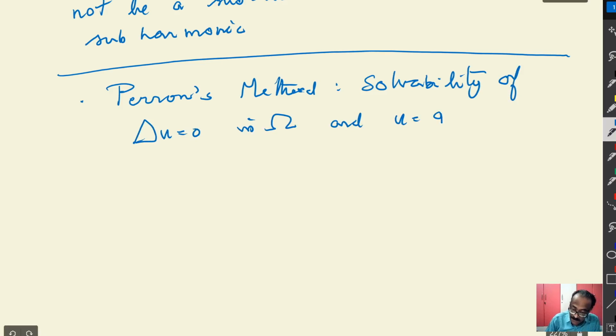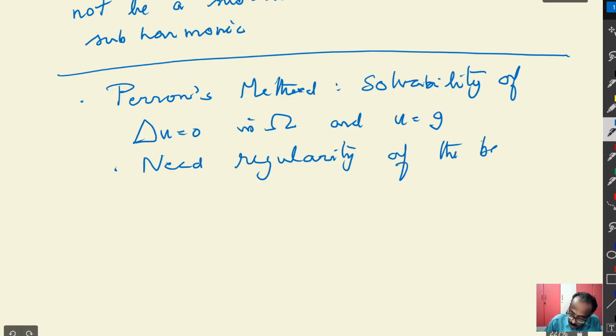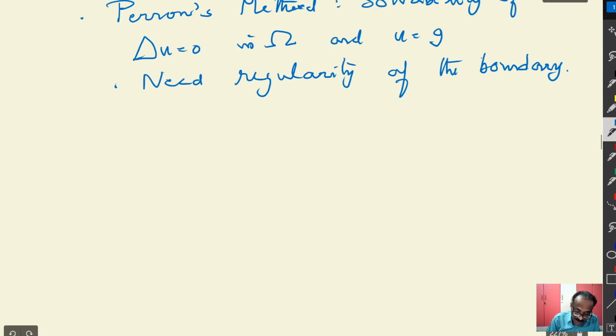As I said, we need regularity of the boundary. So what we are going to define is the concept of a subfunction.